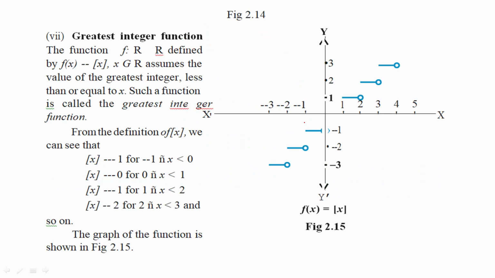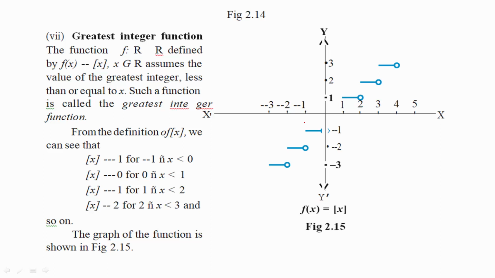See the graph here. I hope you remember it is the graph of the greatest integer function, which you have done in 11th standard. And now I am asking you one thing. See the graph and tell me, can you draw this graph without lifting your pen?